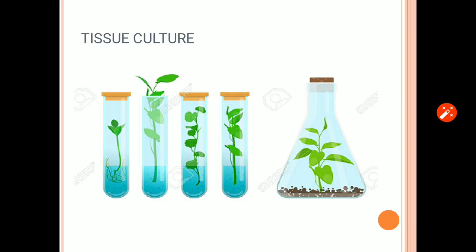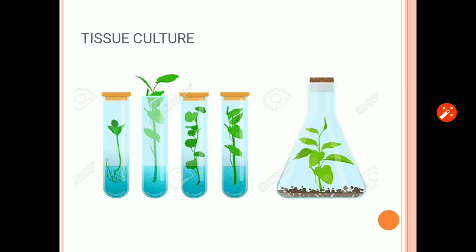Finally we transfer the sample into another nutritive solution having the plant hormone cytokinin, which is a shoot promoting hormone. Finally each cell with root forms a shoot, and we get millions of small plantlets.